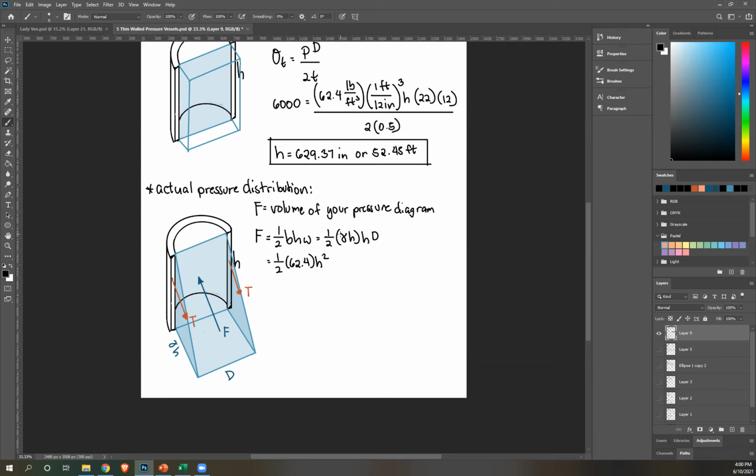And then D is 22. Now I'm not converting it to inch yet because we don't need to yet. We're not comparing anything. These are all still feet, and h is in feet. Okay. So what's 1/2 times 62.4 times 22?